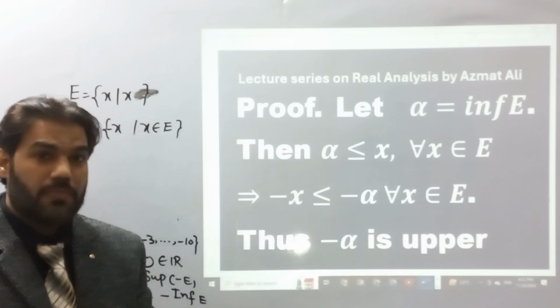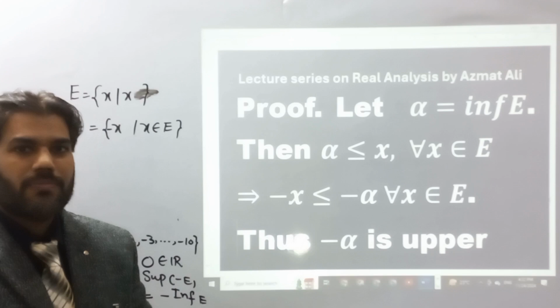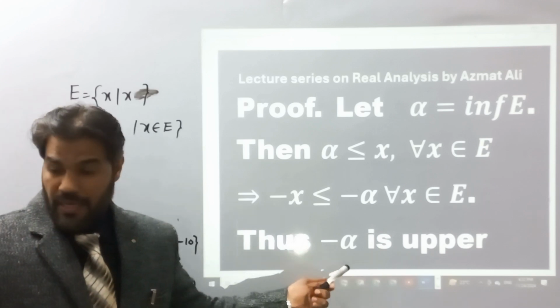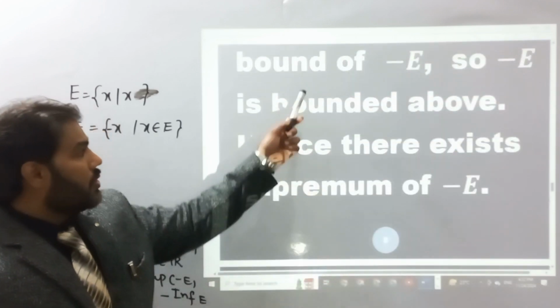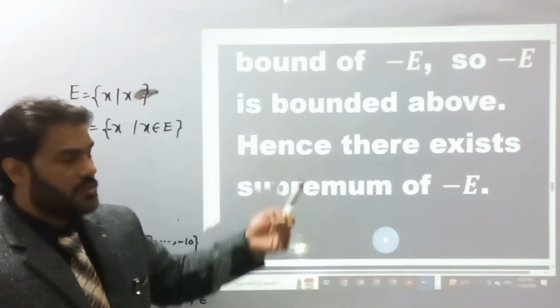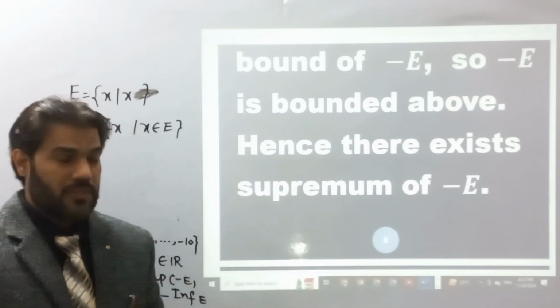Then minus alpha will be an upper bound of set minus E. So minus E is bounded above. This is our first task that we had to prove.